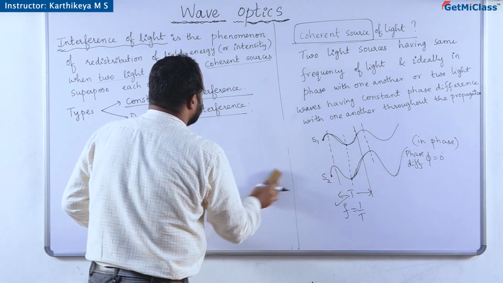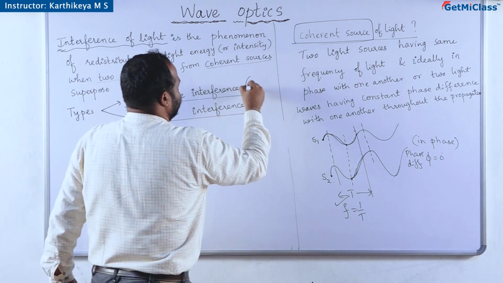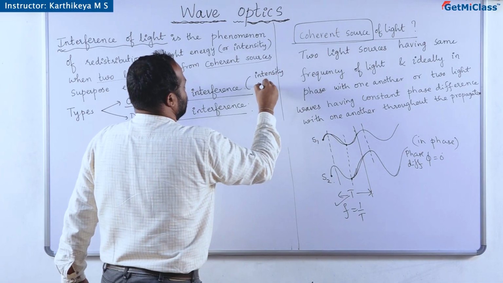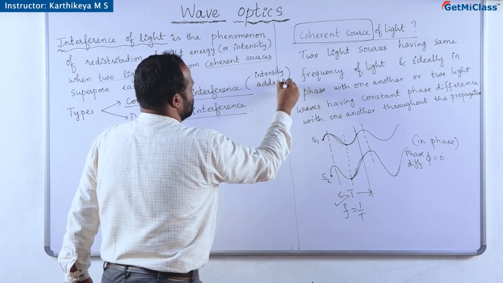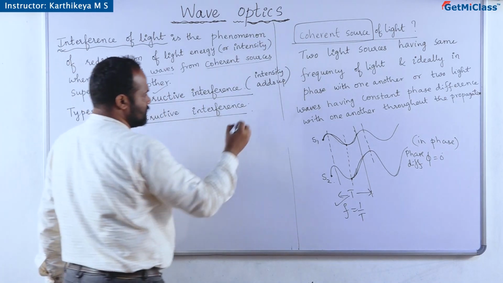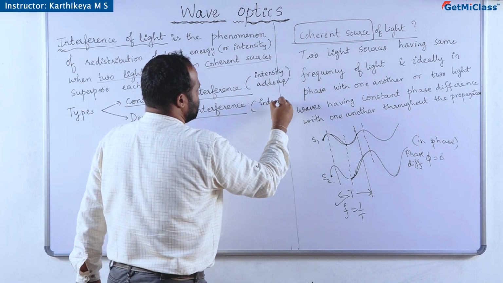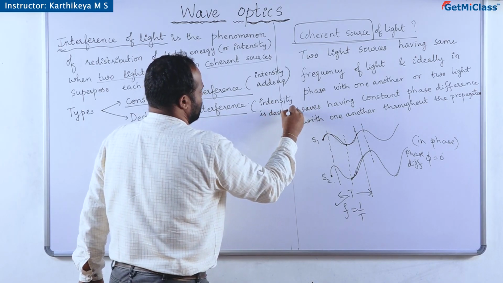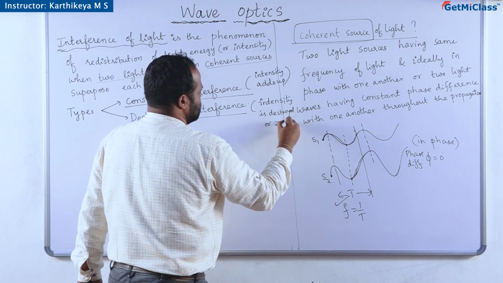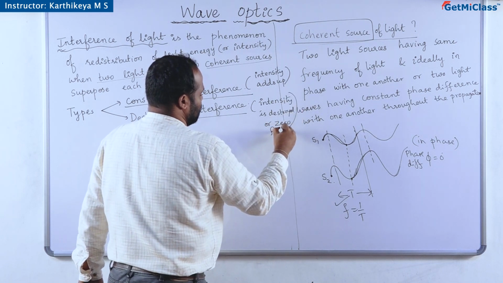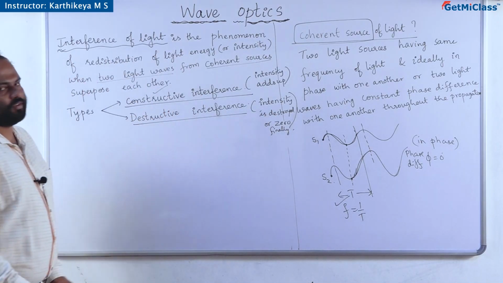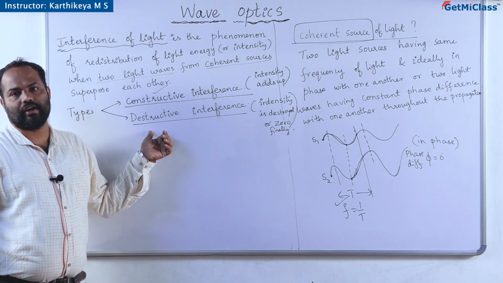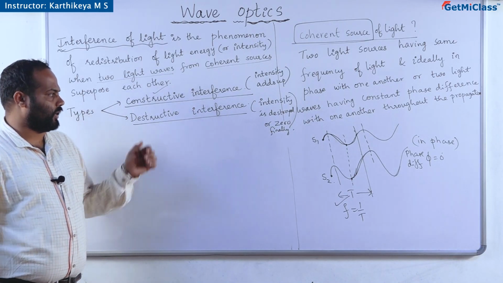When the intensity adds up, it is called constructive interference. When intensity is destroyed or becomes zero, such a case in which two light waves destroy each other's intensity is called destructive interference.